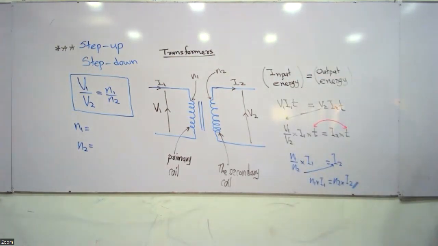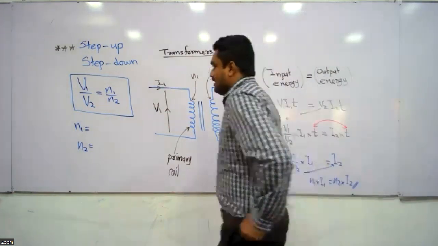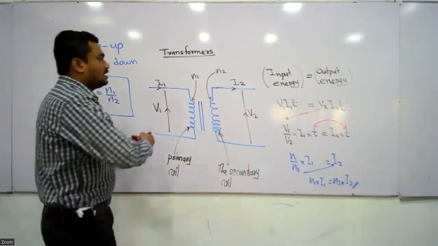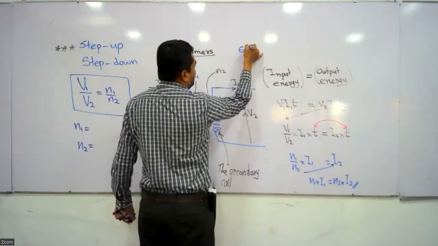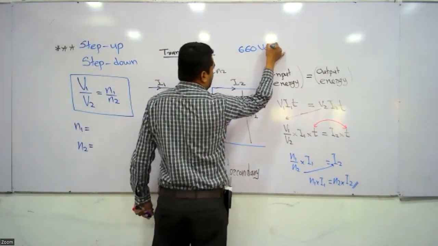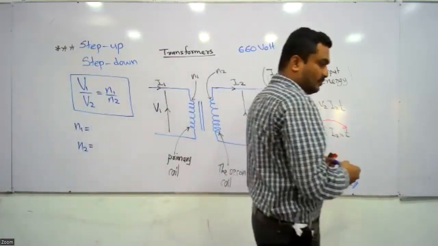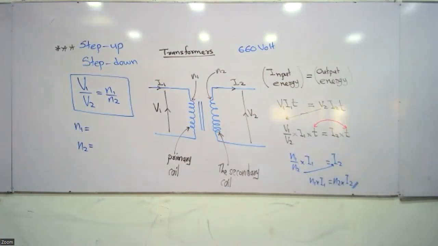Let's write an example. A generator generates an alternating voltage of 660 volt.